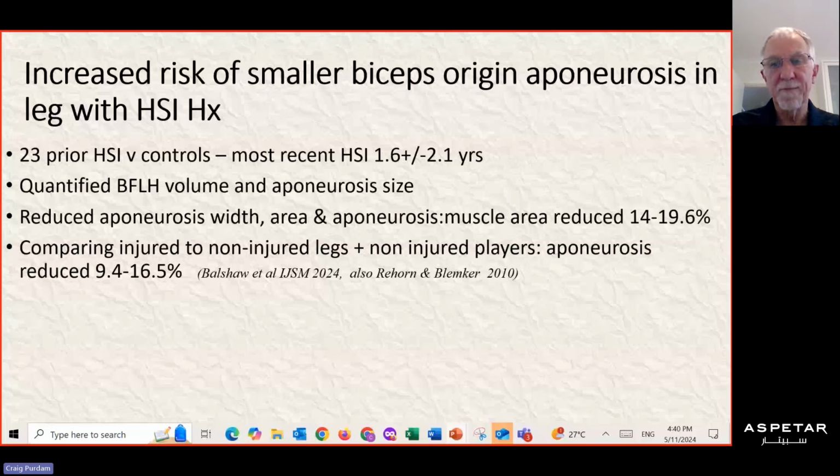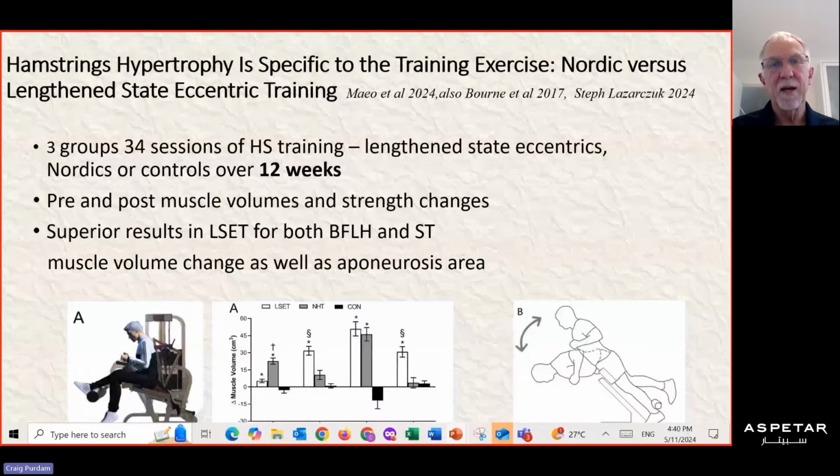So that obviously, as well as getting back our aponeurosis, as well as normalizing or in fact improving upon our biceps long head volume, we do need to consider the aponeurosis as well. There've been various studies on this.